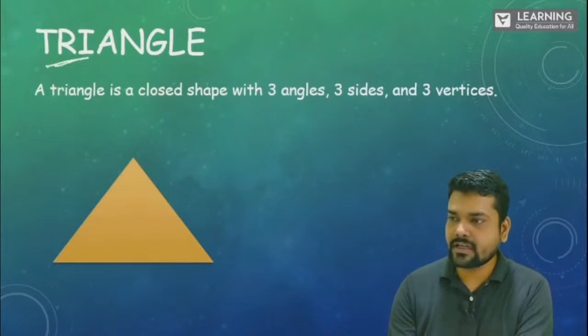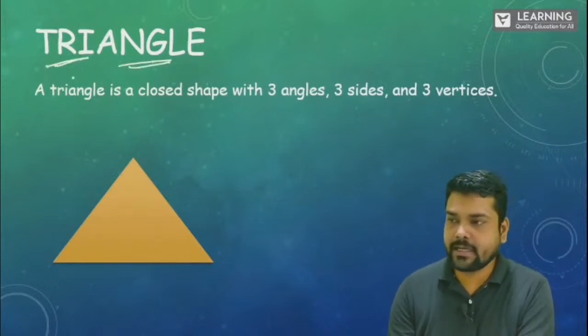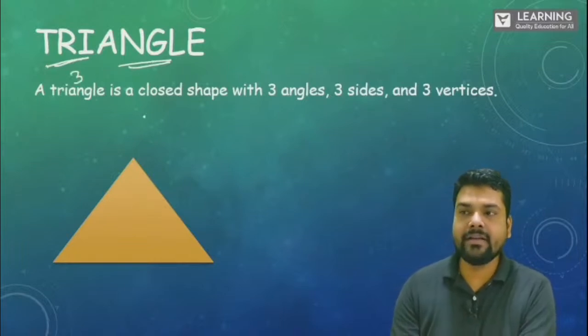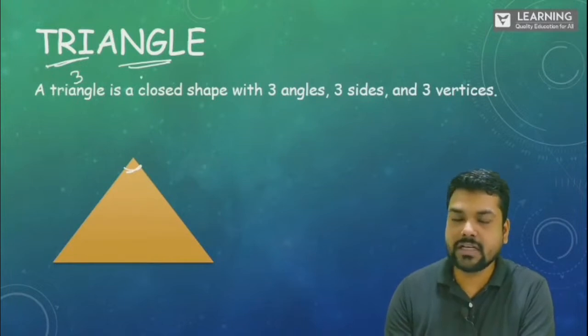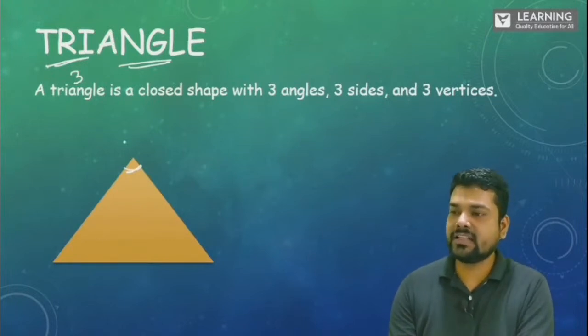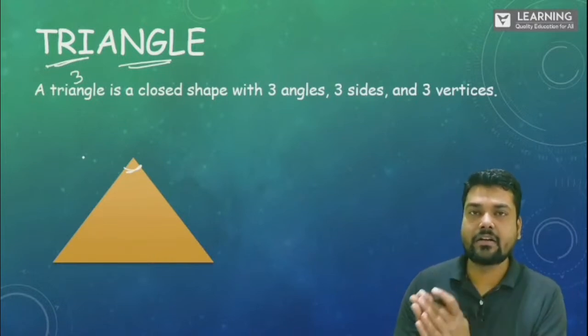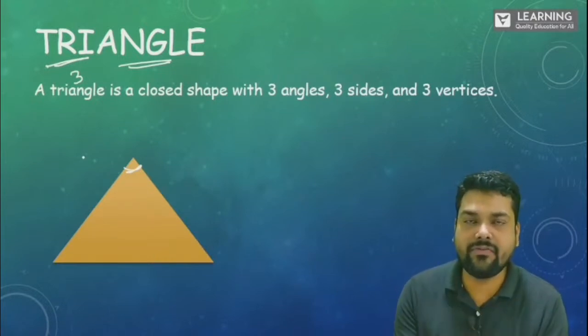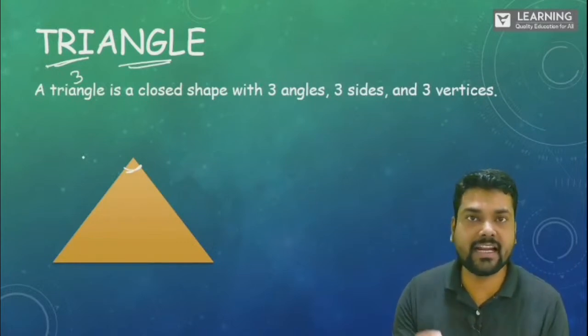We have the word triangle. This word triangle is derived from two words, tri, that means 3, and angle, meaning corners. So 3 corners. The smallest closed figure that we can get, the first closed figure, is a triangle.